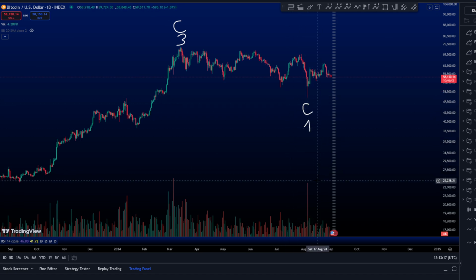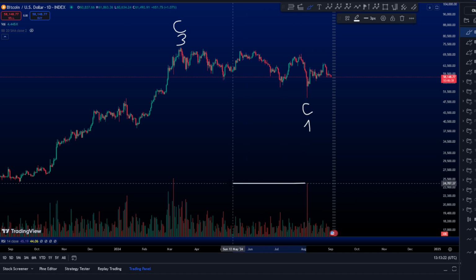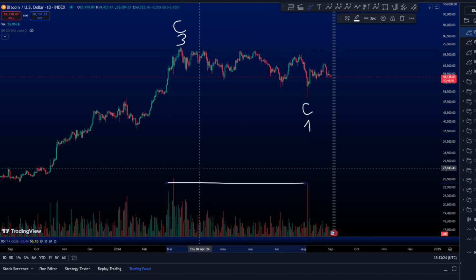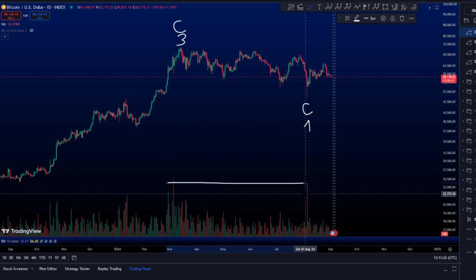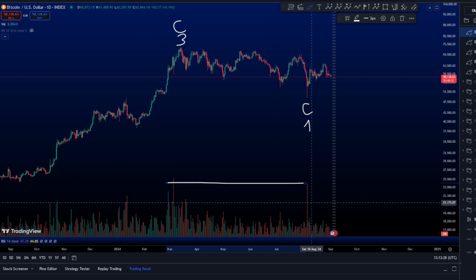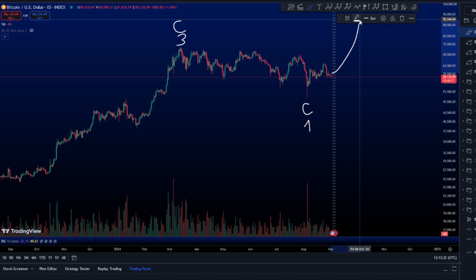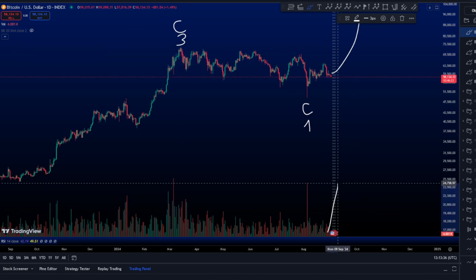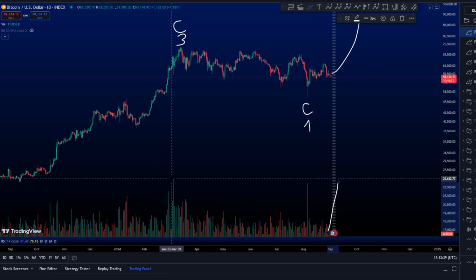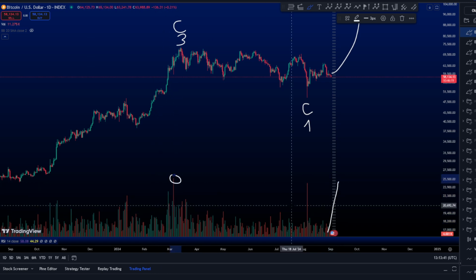However, the volume is very close to the wave 3 volume, right? Now that is not really a good indication, of course, of continuation, because if you want to see a wave 5 after a wave 3, you want to see the high volume again finishing less than the wave 3 volume.